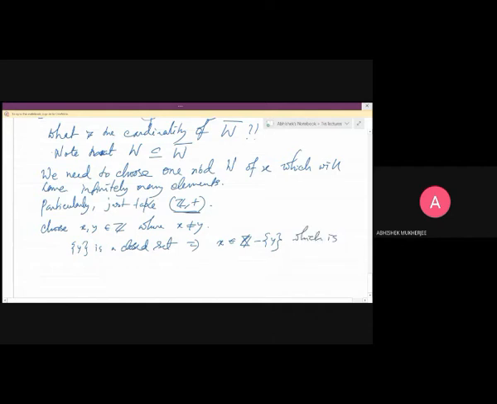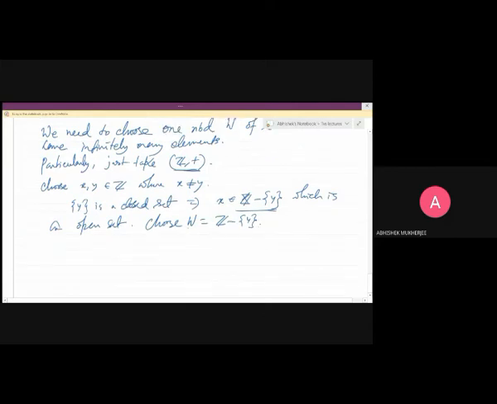So since it is an open set, it is a neighborhood of X. So you can choose W as Z minus singleton Y.